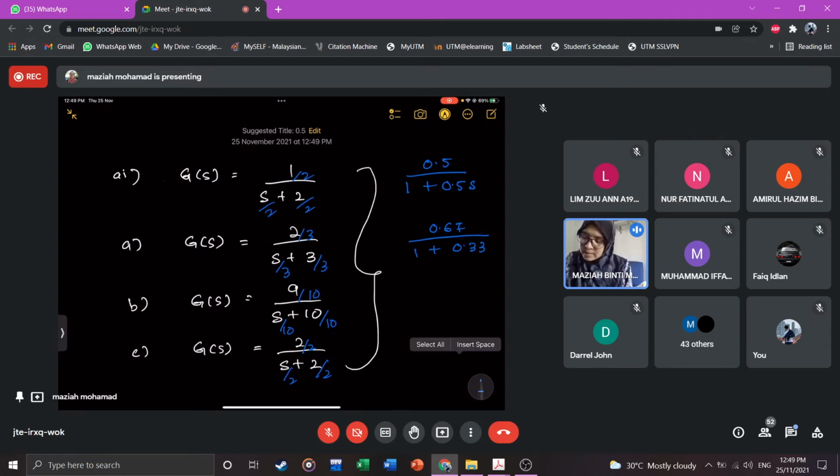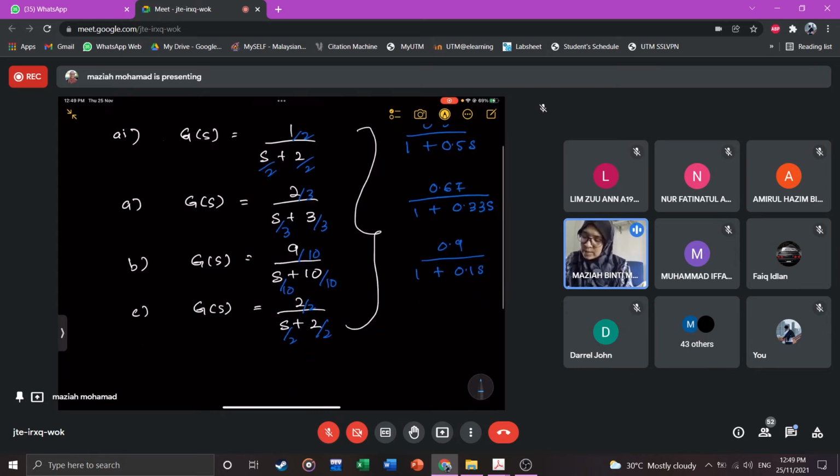And then for this one here we get 0.9 divided by 1 plus 0.1 S. And for the last one, it will become 1 over 1 plus 0.5 S. So from there we'll be able to determine K and T.